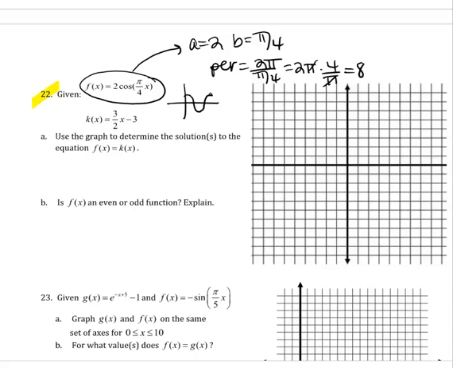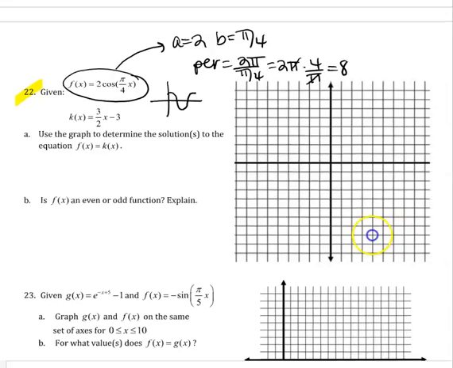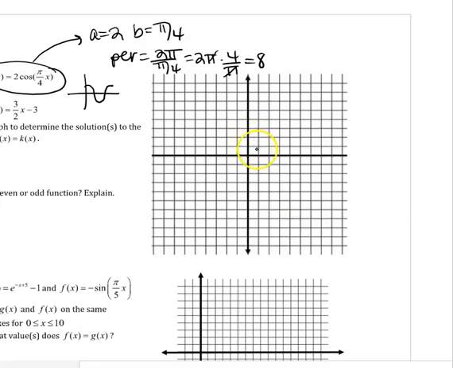So we're going to graph cosine on this graph. All right, let's do this. 2, 4, 6, 8. And again, our amplitude's 2, so we're going to be oscillating between 2 and negative 2 because the midline is 0.